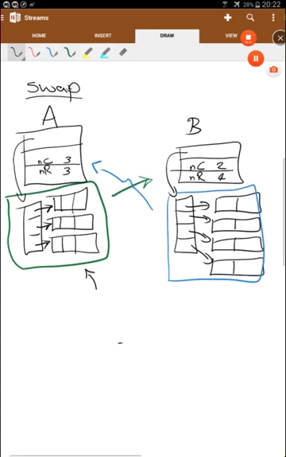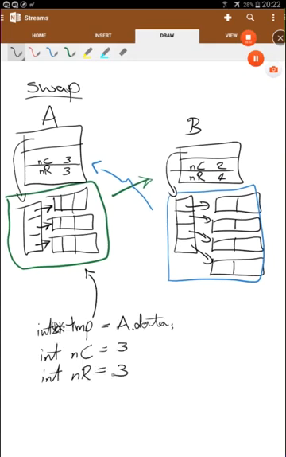We also then have to temporarily remember the number of rows and number of columns. At that point, we can now start to copy across the data from B, and we can simply say that the number of columns is 2, the number of rows is 4. At the same time, we can break this link in A, and we can say set it to point to the data from B.